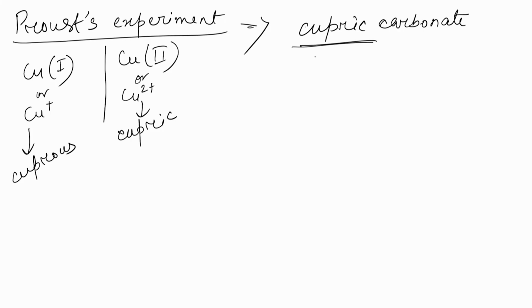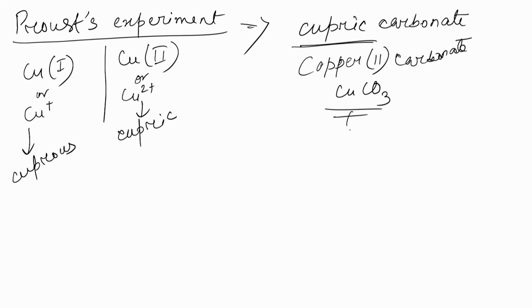So cupric carbonate is basically copper 2 carbonate. This has a formula of CuCO3. Now this has copper, carbon and oxygen.